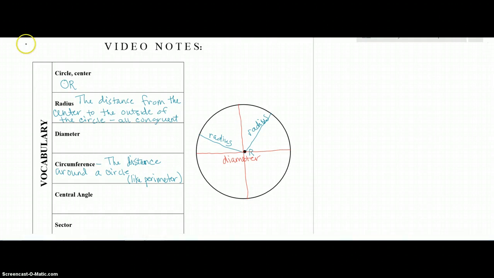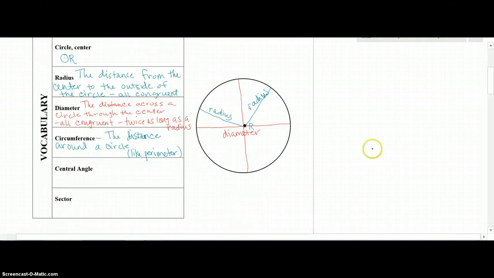So the diameter is just the distance all the way across the circle through. Okay, and then we're going to talk about a central angle. Any angle that is here at the center, so it has a vertex that is the center of the circle, that is called a central angle.